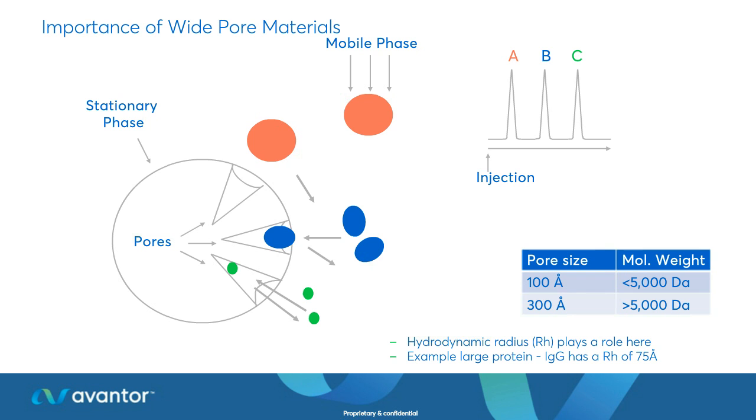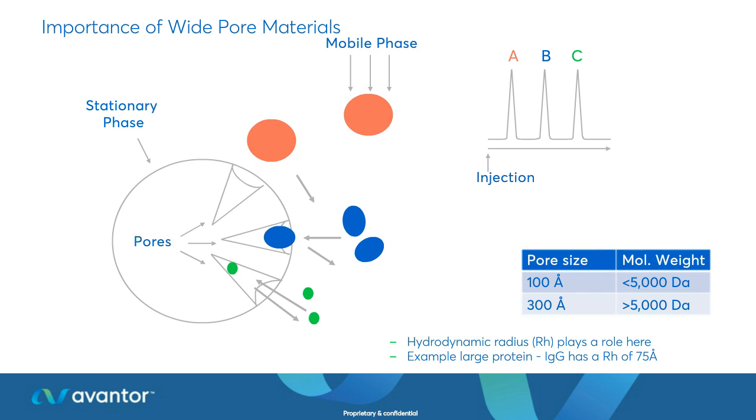If you're working with anything below 5 kilodaltons, the 100 angstrom porosity should be okay. If you've got something larger than 5,000 daltons, then 300 angstrom is kind of the classic size pore, and that will work for those larger proteins. It does depend on the pore geometry as well.